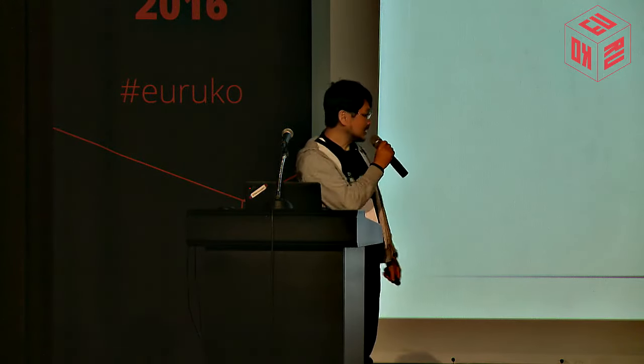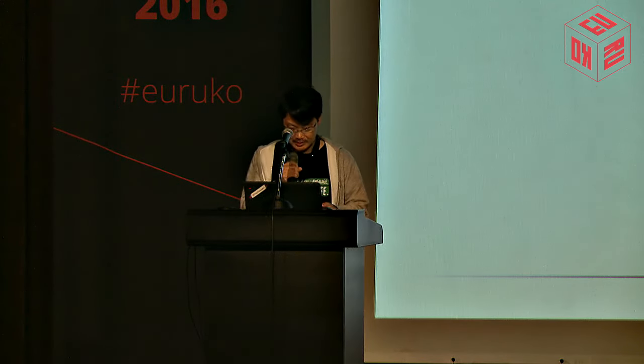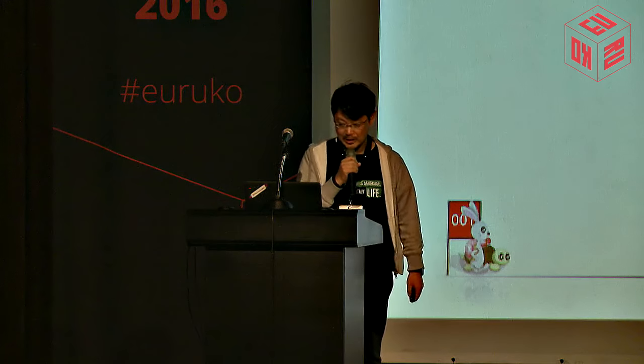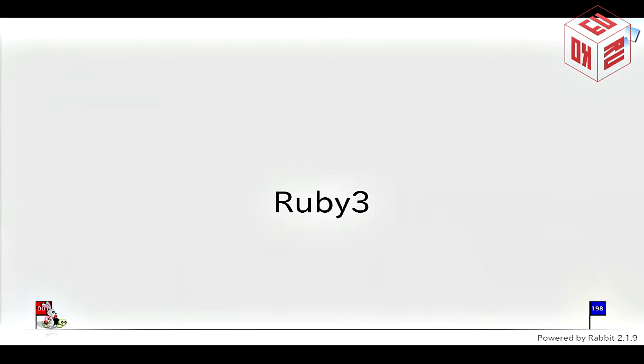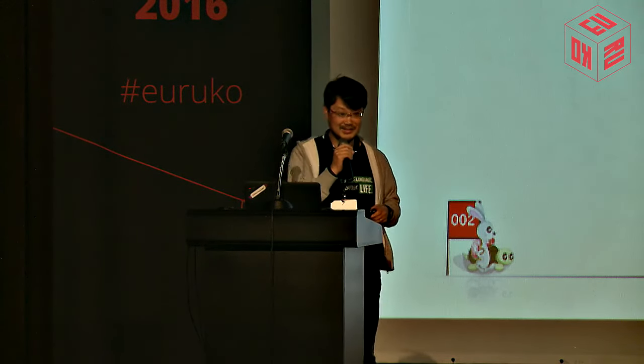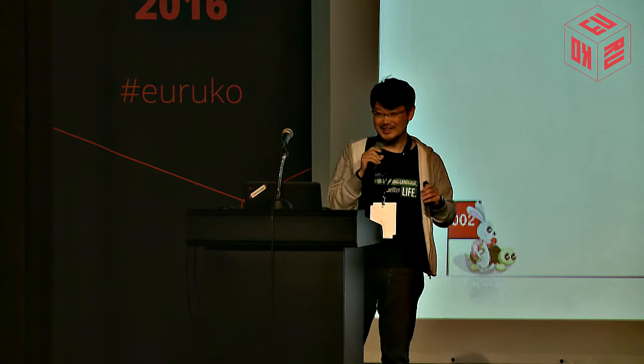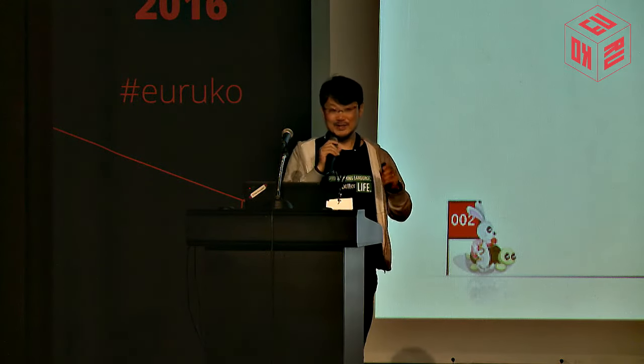Okay, so in recent years, we are working on something named Ruby 3. Ruby 3 is the future Ruby for some distant future. No, you will not get Ruby 3 this year, nor next year, but some distant future.